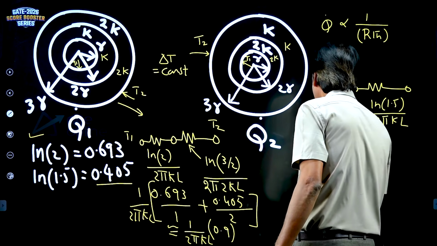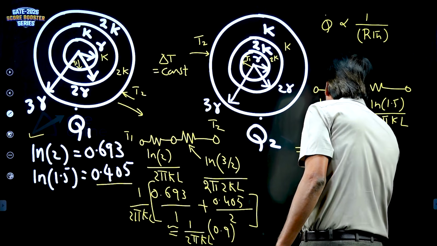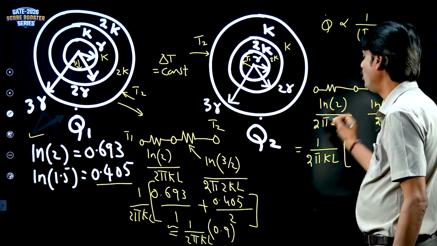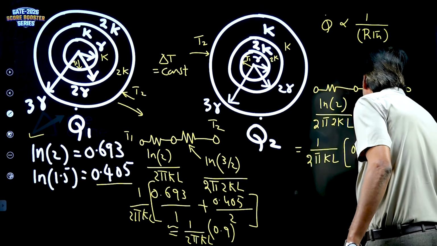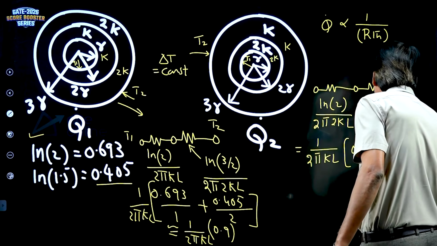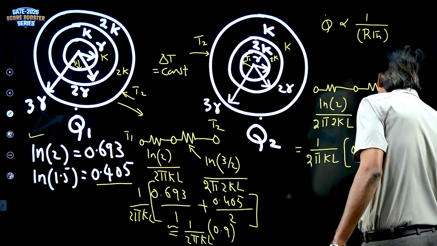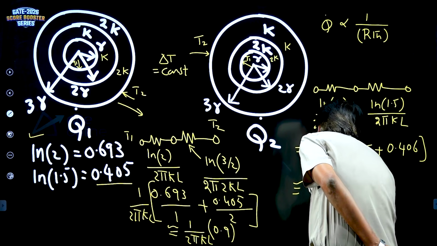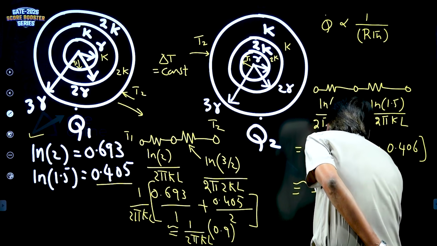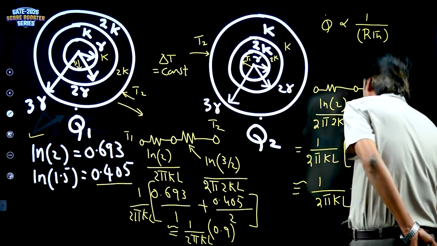So, I will take 2 pi KL common; log 2, 0.693, around 0.7 by 2, 0.35, plus this value is around 0.406 approximately. So, this value is approximately 1 by 2 pi KL into around 0.75.